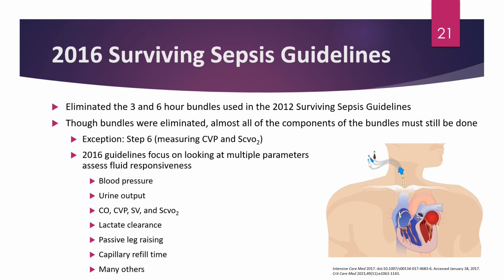The 2016 guidelines focused on looking at a bunch of different parameters to assess fluid responsiveness, because even CVP and ScvO2 are not always going to be adequate measurements of fluid responsiveness.